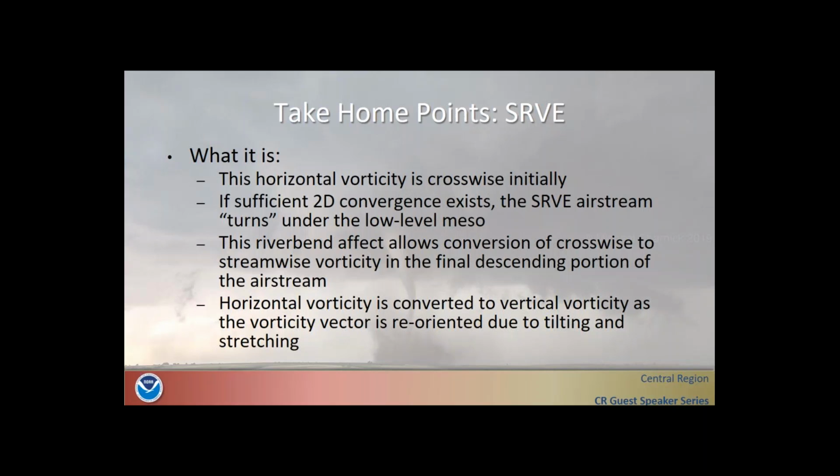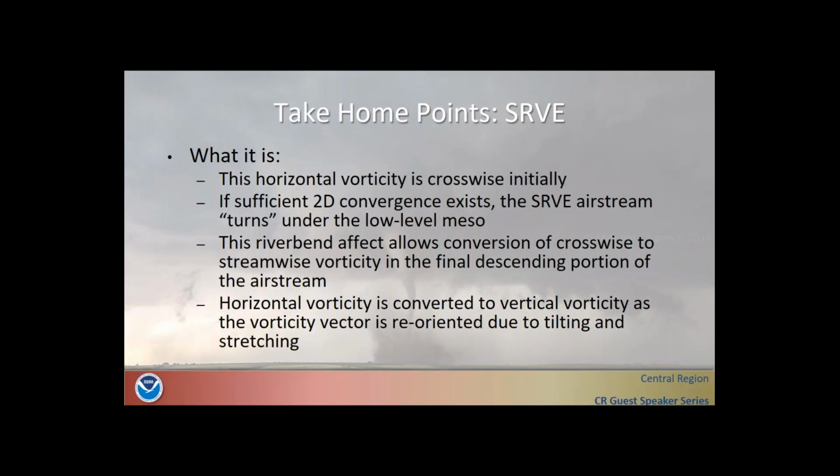If we get that 2D convergence, in other words, it's turning, we see this conversion to streamwise, and that's through this river bend effect. So that's where, as a forecaster or as a warning decision meteorologist, you're going to be looking to the best of your ability for this potential area of turning. Now, if you don't see that, this isn't a magical process that's going to be 100% all the time.